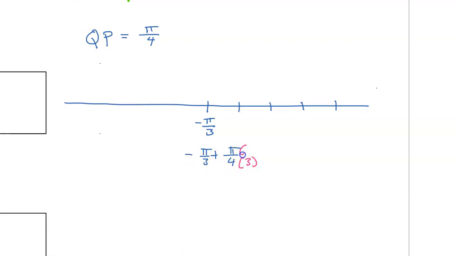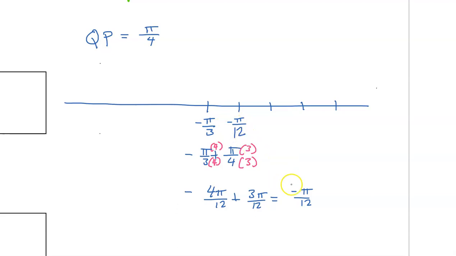So you can imagine I'm going to multiply by 3 over 3 right here, and I will multiply by 4 over 4 right here. So what I have is negative 4 pi over 12 plus 3 pi over 12. And that is going to give me negative 1 pi over 12. So that is the next value on the number line, negative pi over 12.